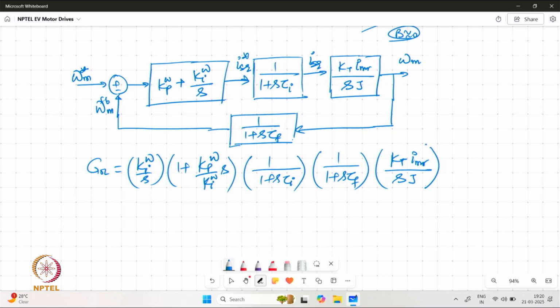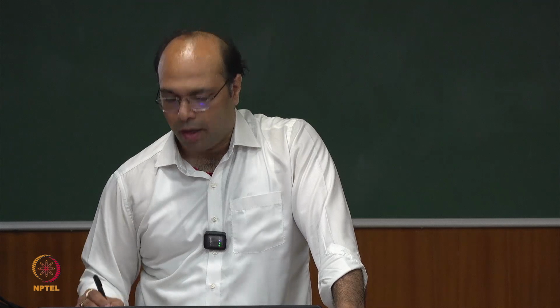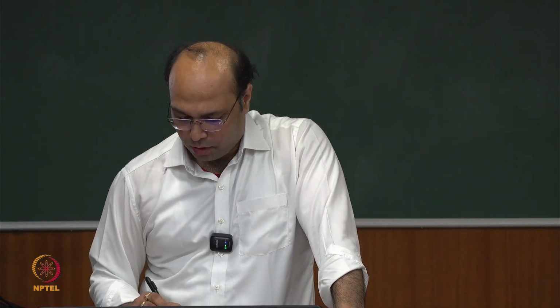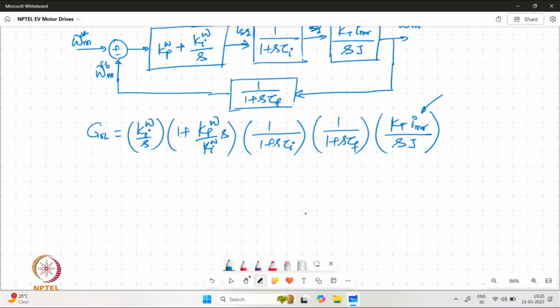it should be noted that we are treating IMR as a constant for this control loop. So we are not including any dynamics or any plant for the IMR value written over here. So this is how our open loop transfer function is going to look like.